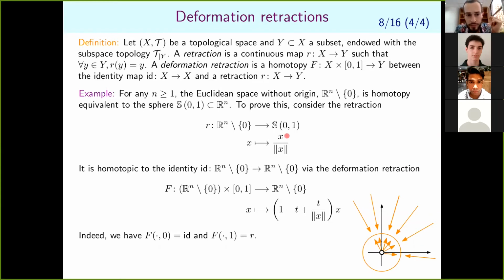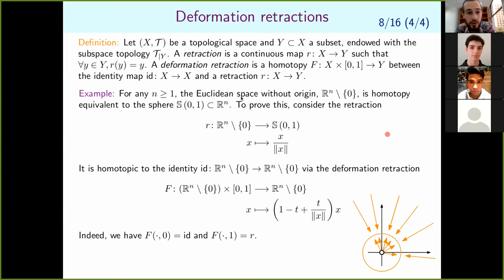And you can see that this element here has norm equal to 1. So look at this drawing here. To any point, I map it, I retract it to the sphere, the circle here. I have my Euclidean space, and I retract the points angular-wise.